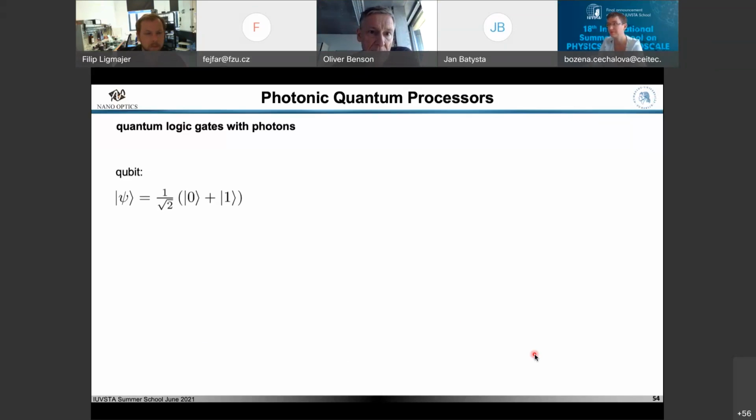But this could be a qubit. A qubit is a superposition of two states that you can separate easily. One of the states you can call 0, and the other one you can call 1. And superposition is a coherent way of having 0 and 1 at the same time, as you say sometimes.